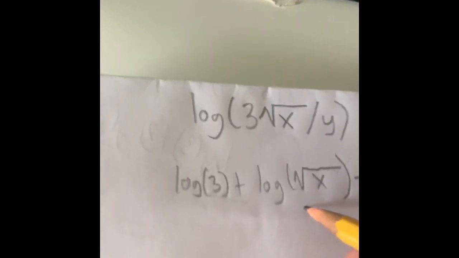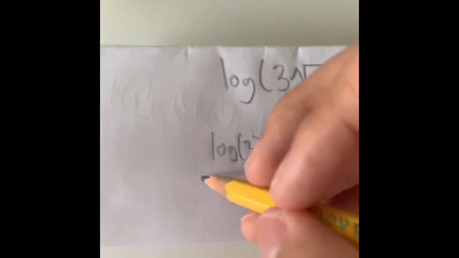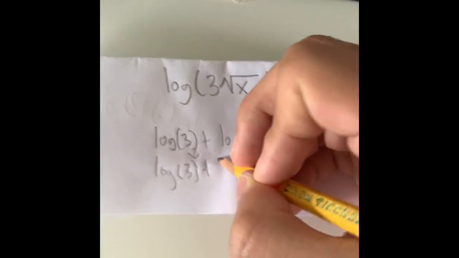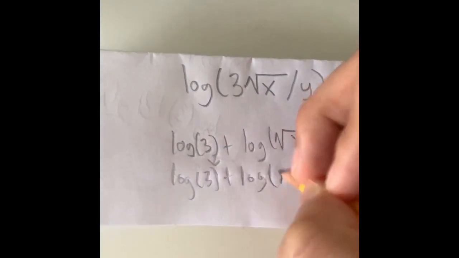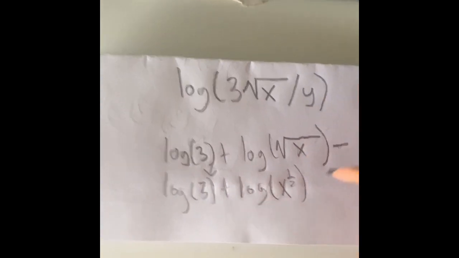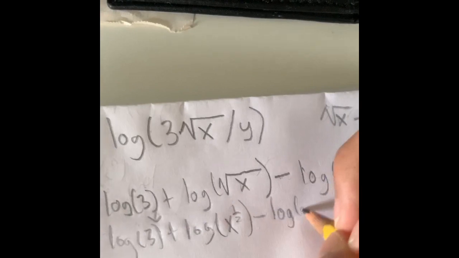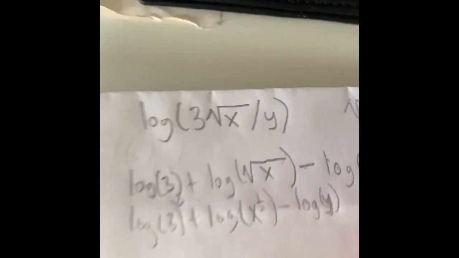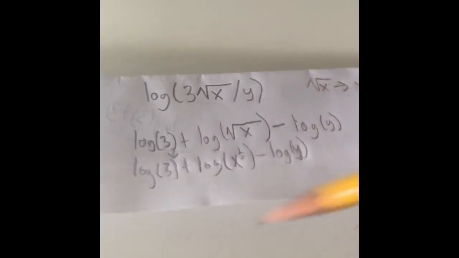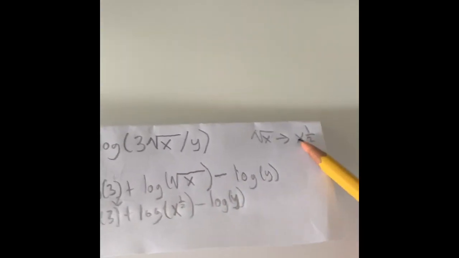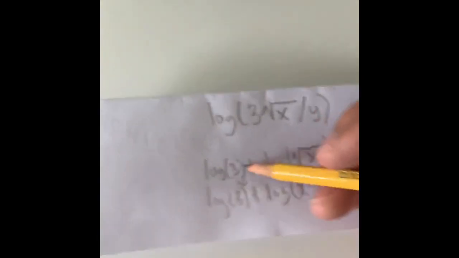So instead, we can just make this and change it into log 3 plus log x to the 1/2 minus log y. You see? It makes sense. The square root of x is the same thing as x to the 1/2. If there's a cube root of x, it would be x to the 1/3. You get it? So on.